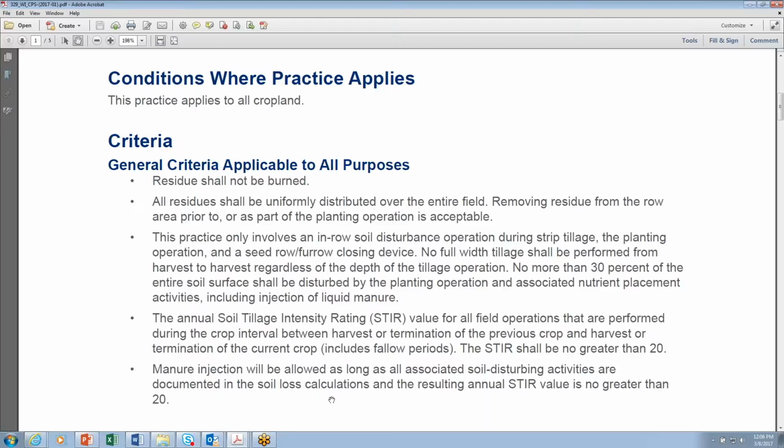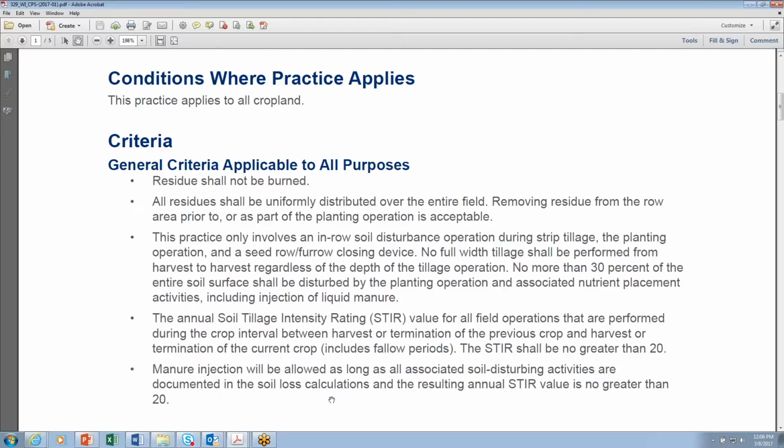The STIR value is a really important factor because what that's measuring is the true disturbance to that soil layer. And it's measuring the field operations that total the STIR value, or that soil tillage intensity rating.